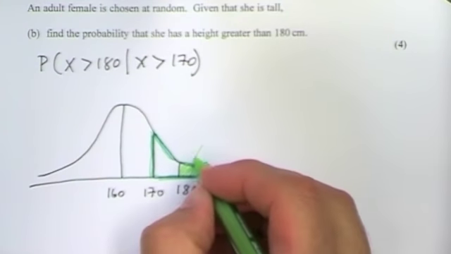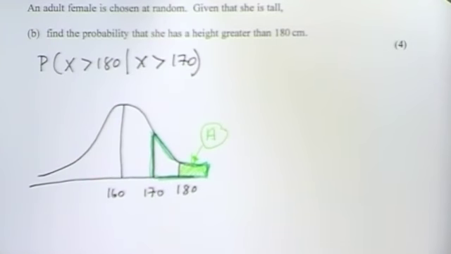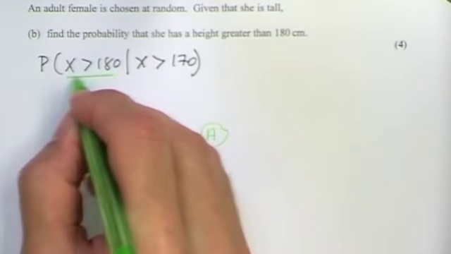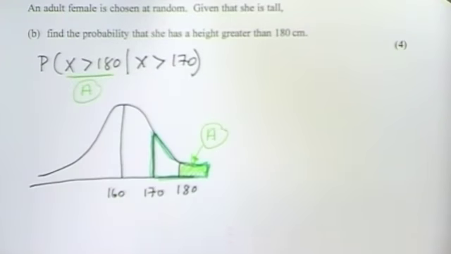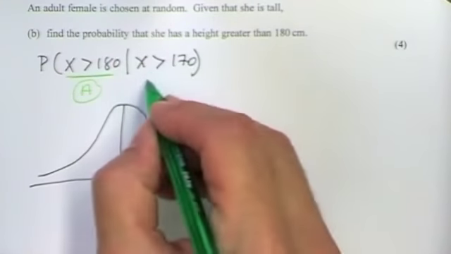If we use set notation, we could say it's A for that. So we're saying greater than 180 is our A. And then this bit here is B, greater than 170.